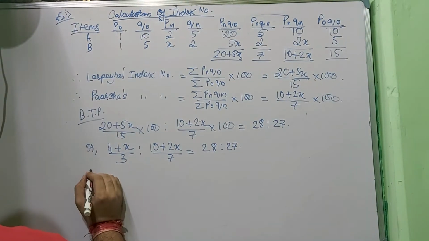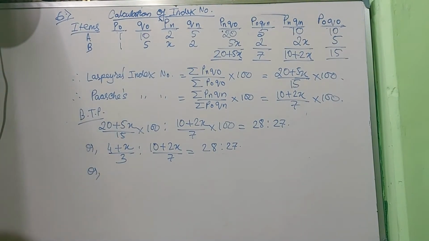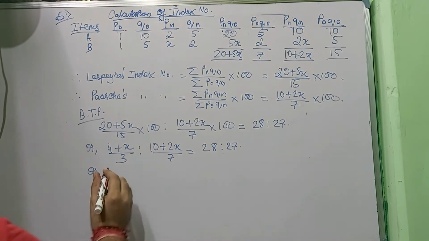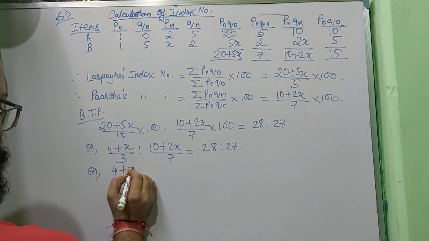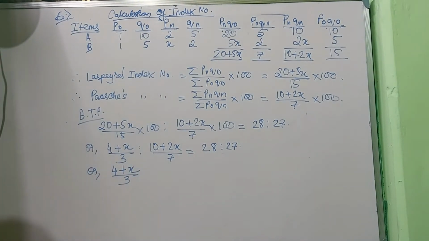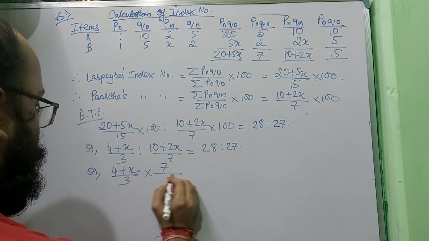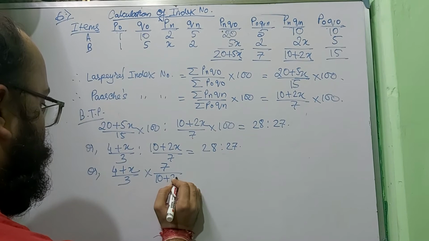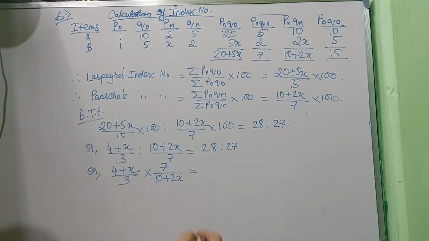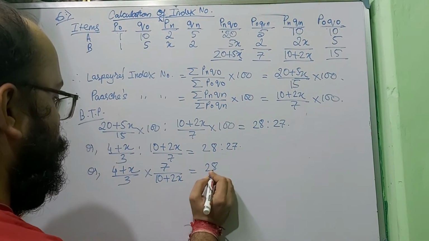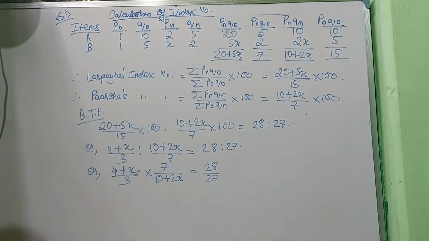Or just cross multiply. Or 4 plus x by 3 into, just change it, 7 by 10 plus 2x is equal to 28 by 27.